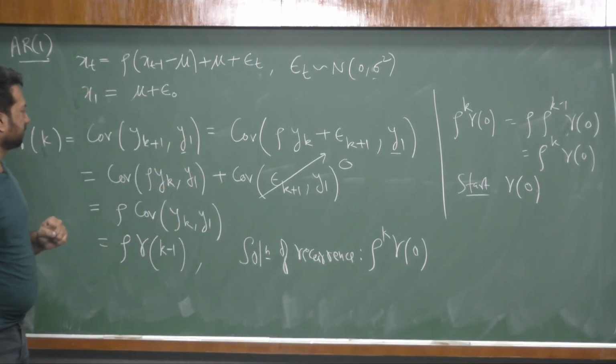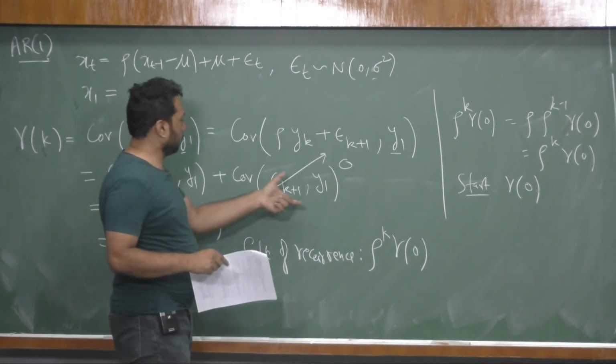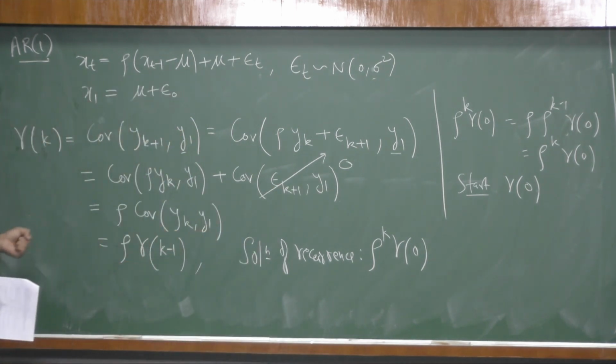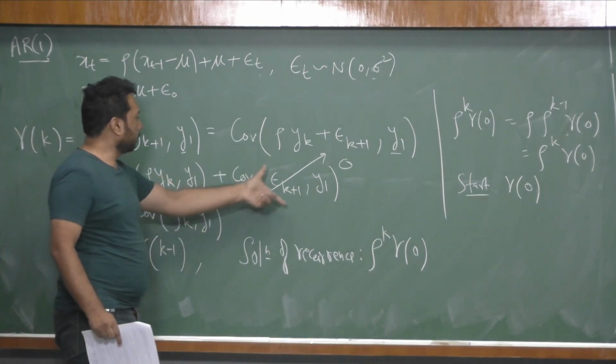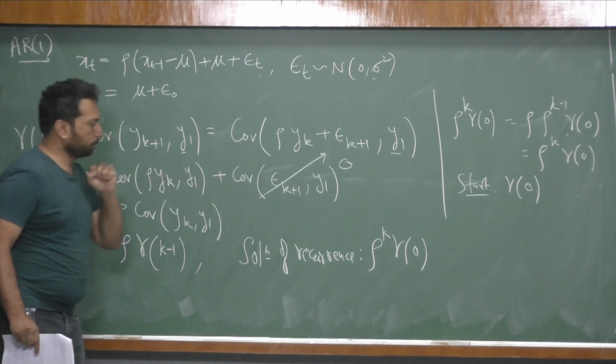So it depends on the difference between them. When k is 0, then that will be 0. In our case k is greater than or equal to 1, and that certainly makes this 0. Okay, so I'll leave this part as an exercise.